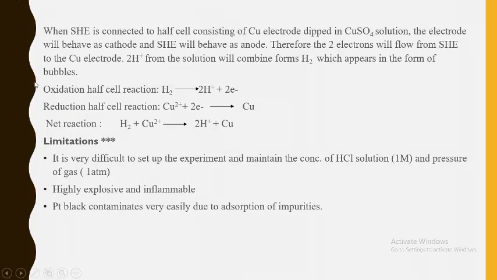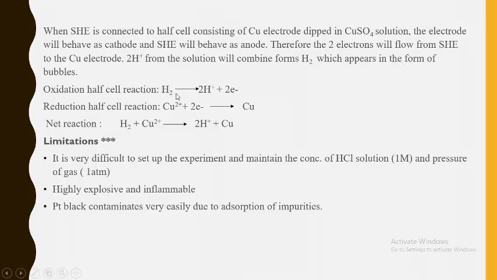Now next, when SHE is connected to a half cell consisting of copper electrode dipped in copper sulfate solution, the copper electrode will behave as a cathode and SHE will behave as an anode. Therefore the two electrons will flow from SHE to the copper electrode, and 2H plus from the solution will combine to form H2 gas, which appears in the form of bubbles again.